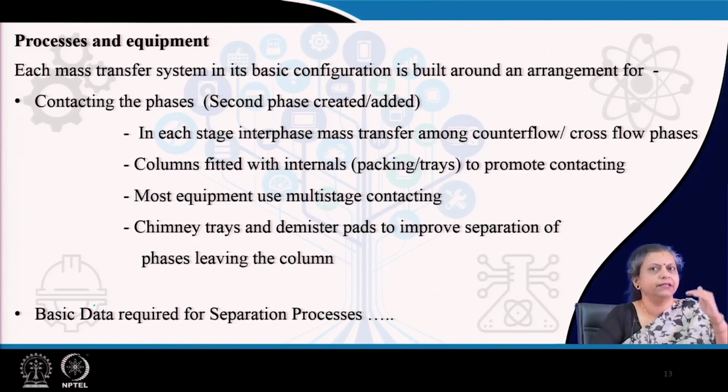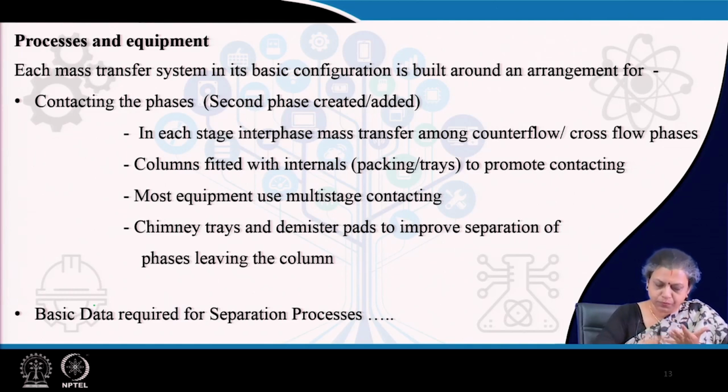So, when we design a column, we have to keep this in mind as well. For designing a column, we need to find out what should be the accessories which are required for intimate contact between the two phases and maximizing the mass transfer, and also certain additional arrangements for separating the phases as completely as possible after the operation has happened.